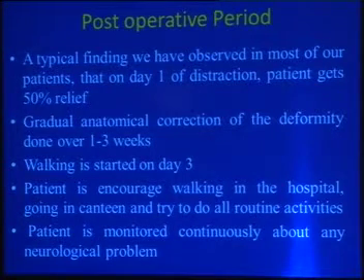In the post-op period, a typical finding we have observed is that in most of our patients, as soon as on day 1 when we distract the spine and the spinal canal volume is increased, the patient gets almost 50% relief. And then we continue doing the gradual anatomical correction of the deformity. It usually takes 1 to 3 weeks depending on the severity of the deformity.